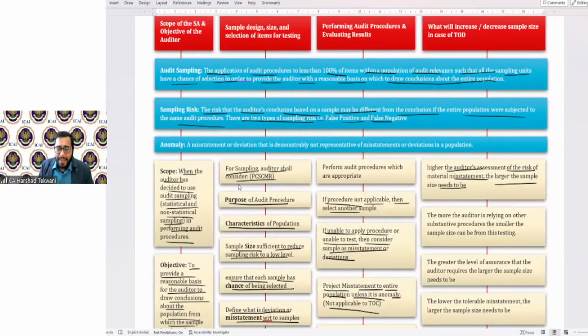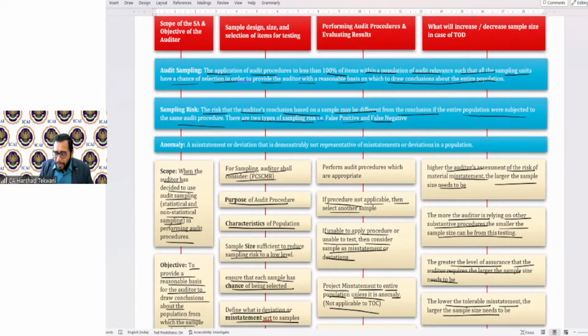If I'm relying more on other substantive procedures, then my sample size will be smaller for this particular testing, because I have performed some other substantive procedure. The higher the level of assurance I need, the higher the sample size I need to take. And the lower the tolerable misstatement is, the larger the sample size needs to be.